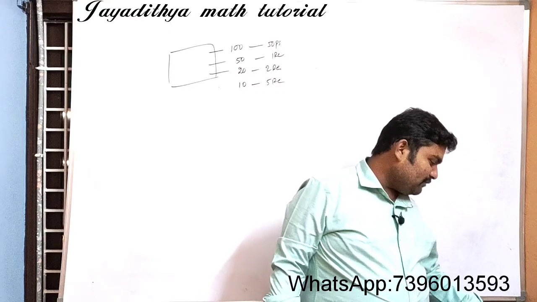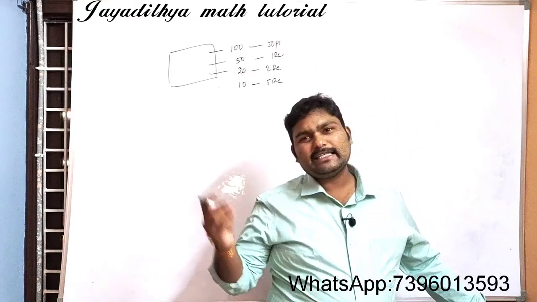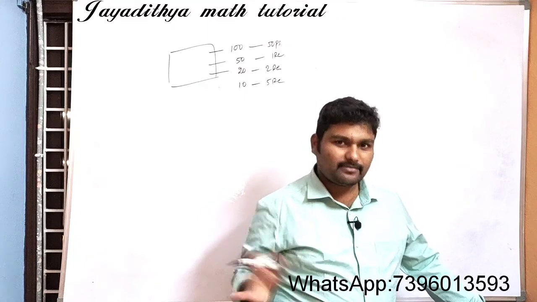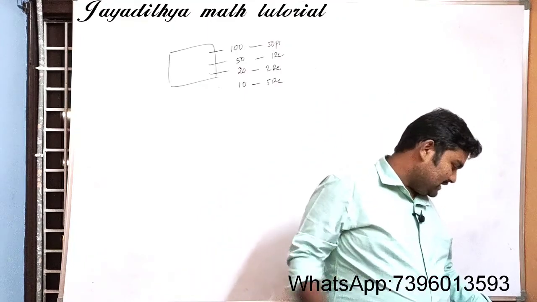Now if it is equally likely, that means each and every coin has equal chances. Okay, that is the condition just given.